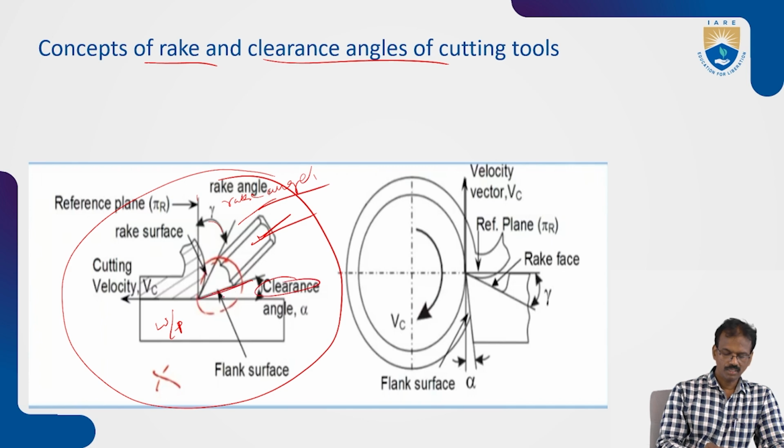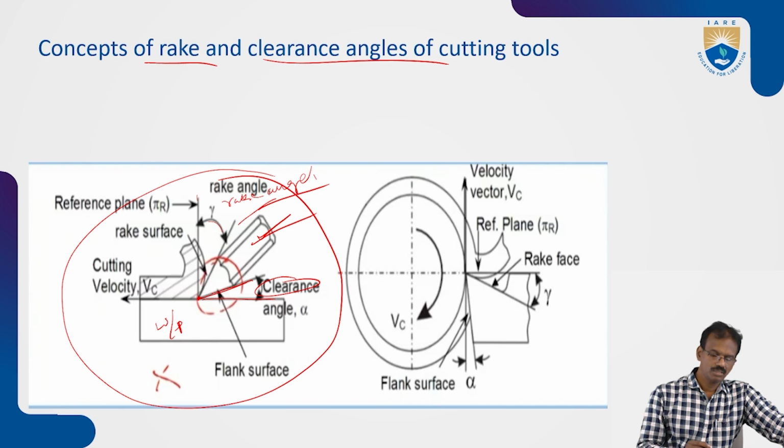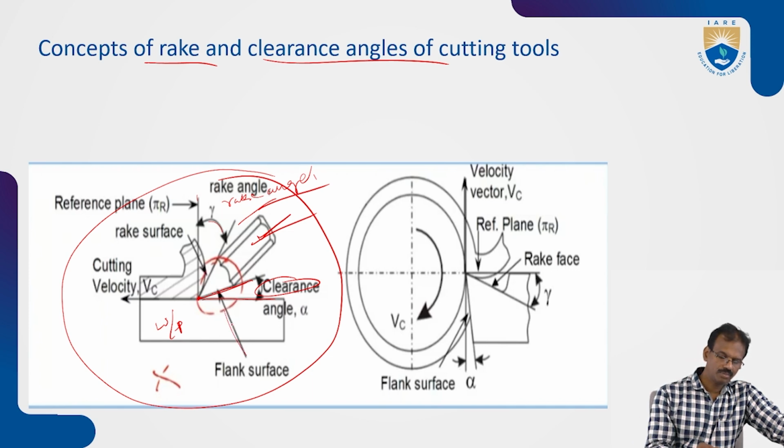This clearance angle is needed to reduce the rubbing between the tool and workpiece. Okay. So this is the cutting point, the nose of the tool. By using this point, you can perform the machining operation. This is the flank surface, the minor flank surface as you can see.